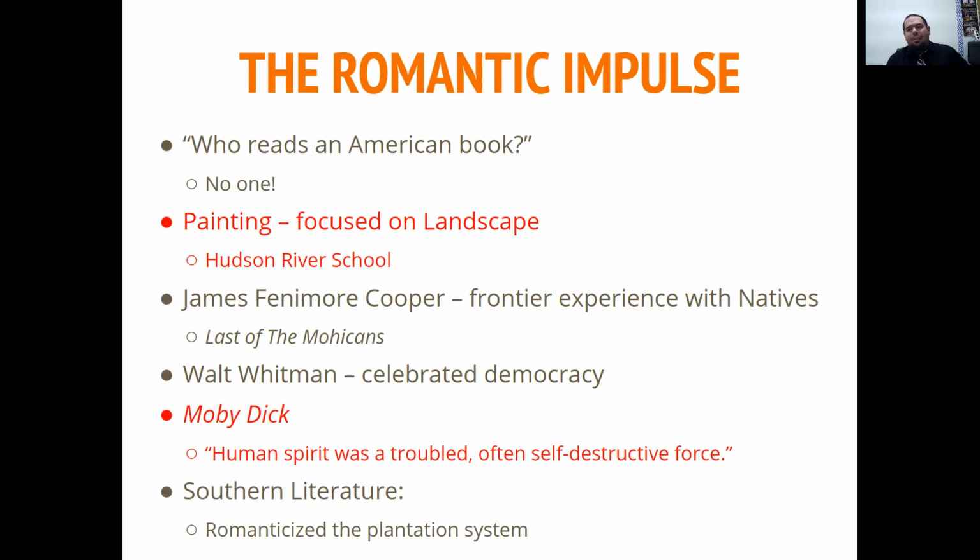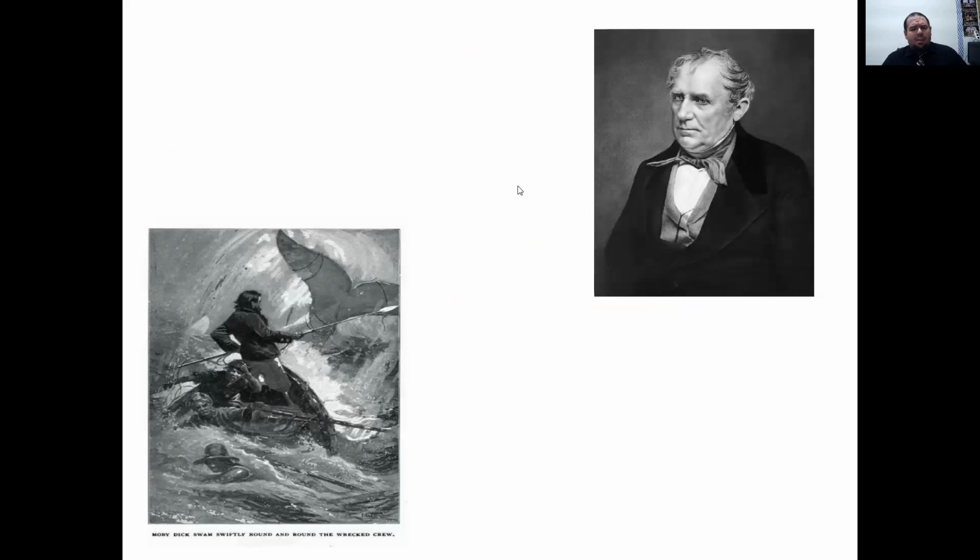As you know, Captain Ahab is trying to seek Moby Dick, the infamous white whale. And Southern literature romanticized how great the plantation system was. Of course, the Southerners are going to focus on what makes them great. So here's Walt Whitman and Moby Dick.